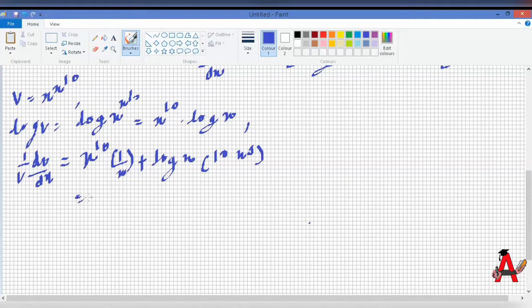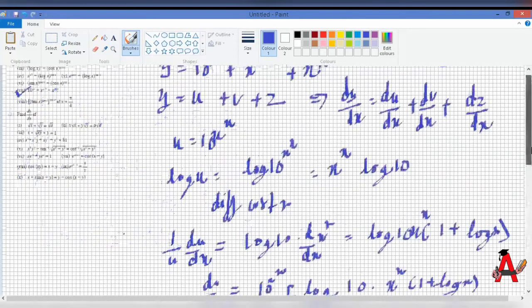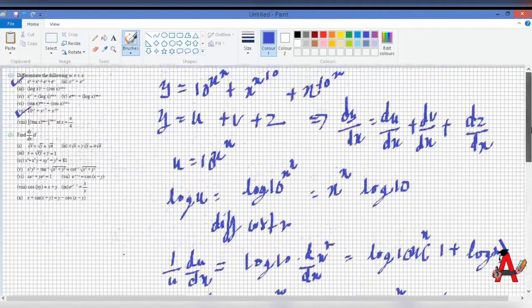This can be written as 10 upon x. So therefore dv by dx is equal to v, v is your x raised to 10, into this entire thing, 10 upon x. This is the second term. Now let's try and do the third part, which is x raised to 10 raised to x.